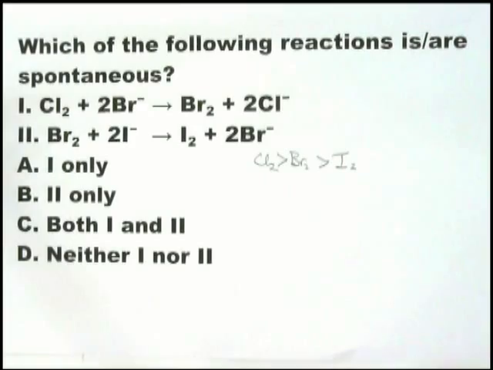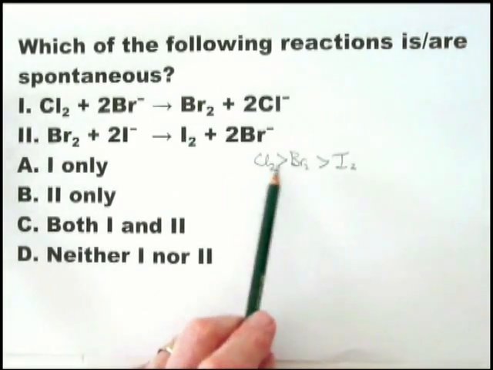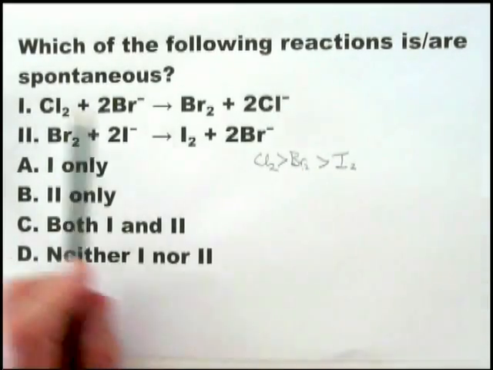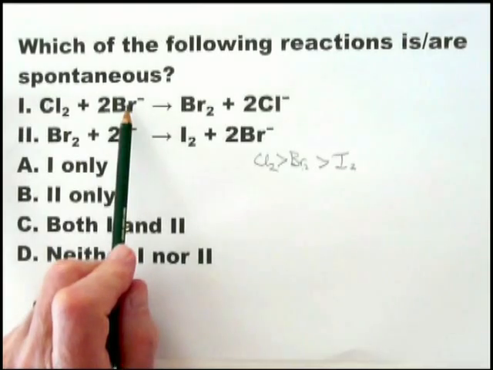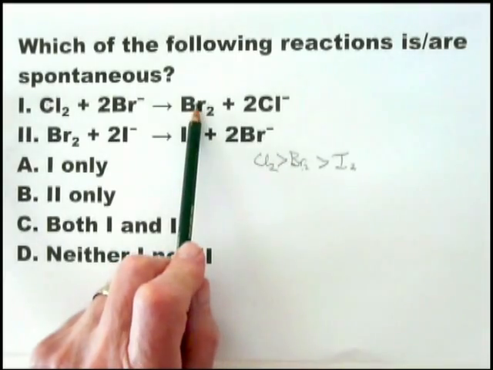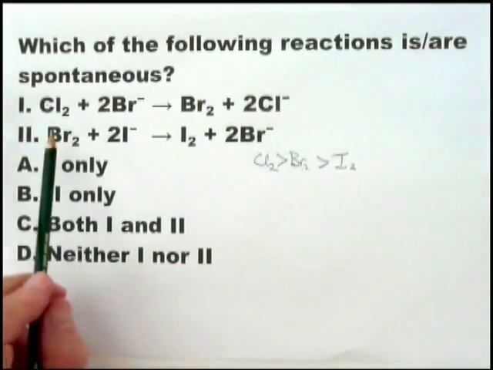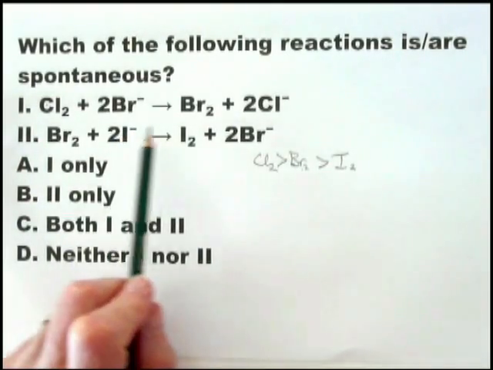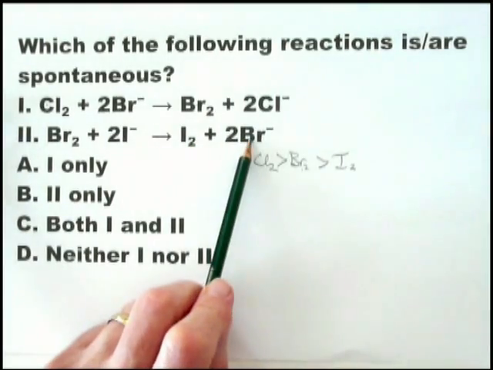At the same time, you also learned that chlorine would displace bromine in a solution. So chlorine is displacing the bromine from the bromide ion to give bromine plus the chloride ion. And that bromine is displacing iodine from the iodide ion to give iodine and the bromide ion.